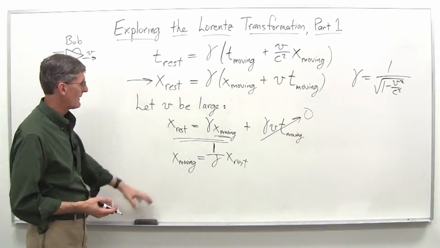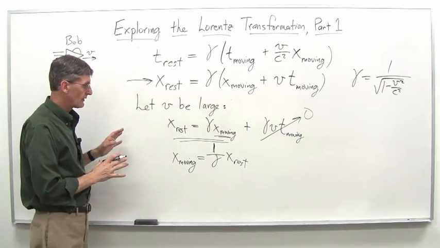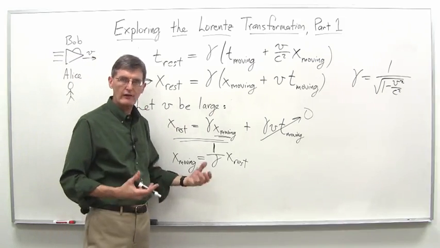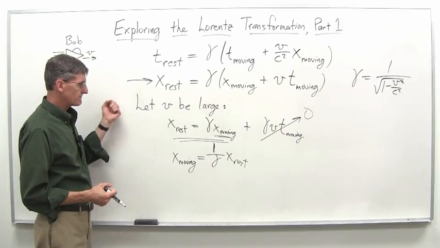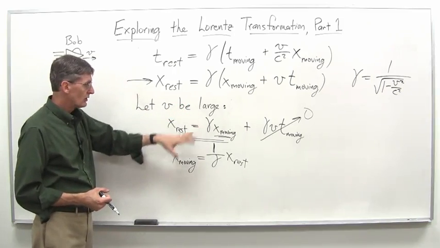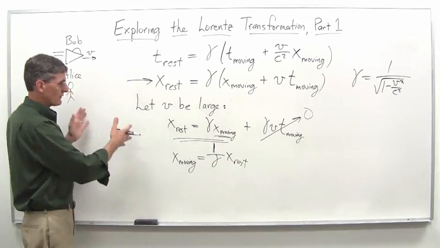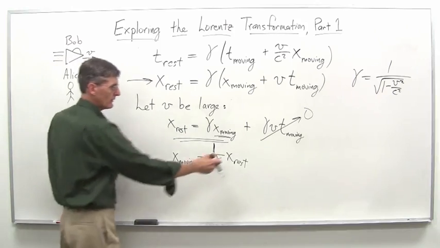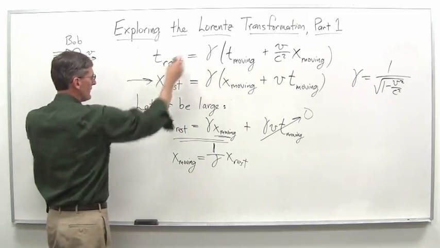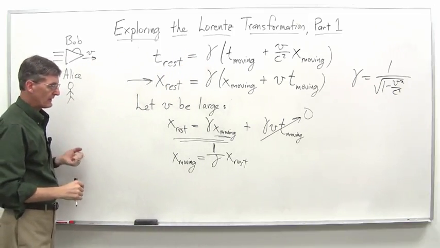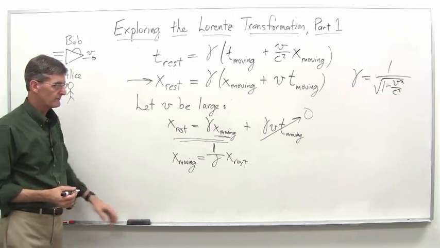So what we see here is that, first of all, we can get the Galilean transformation out of that equation for everyday velocities, much less than the speed of light. We also see that when v is large, we get the length contraction effect coming out of it, where, in the simplest case, Bob measures something at t equals 0, so he's there, Alice is there, Bob measures a certain length, and then Alice gets that length as well, and you get the length contraction effect going on there.